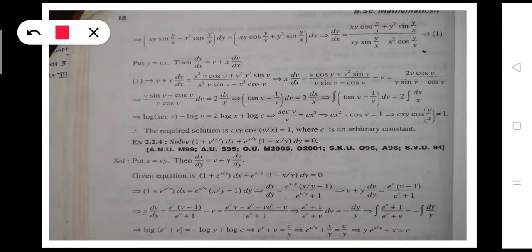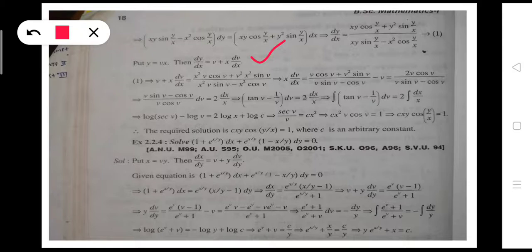So, the procedure to solve a homogeneous differential equation, step 1: put y is equal to vx. Now, differentiate y is equal to vx with respect to x. That is written as dy by dx is equal to v plus x into dv by dx. And substituting these two values in the given equation, we get dy by dx means v plus x into dv by dx, and y is equal to vx.